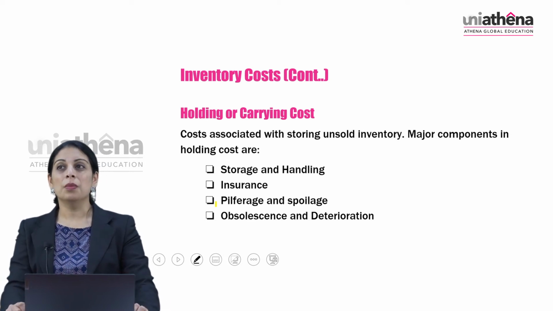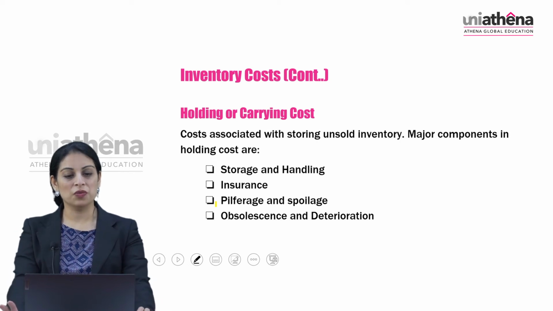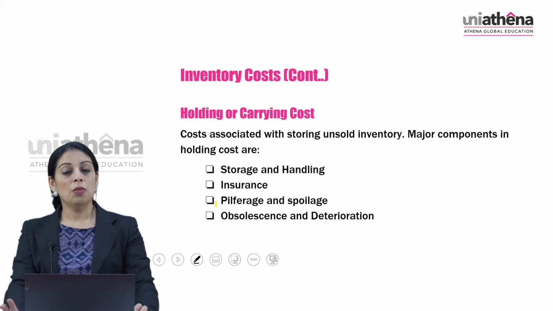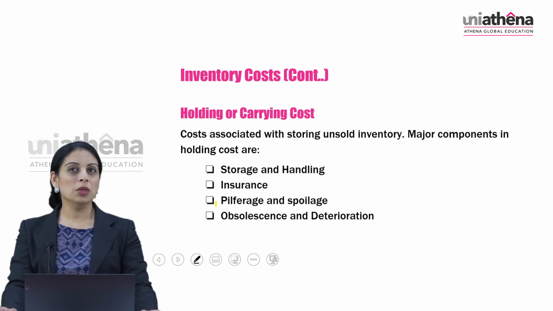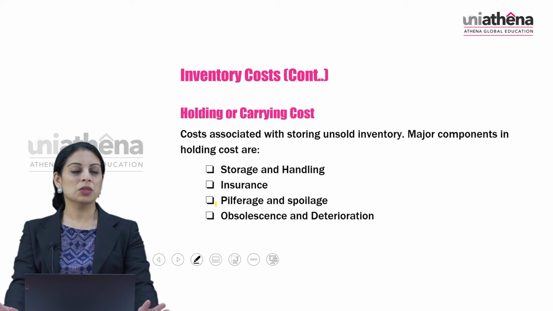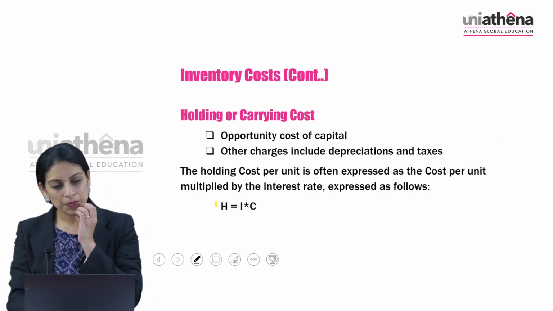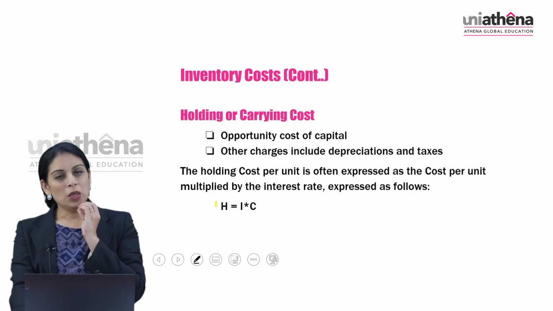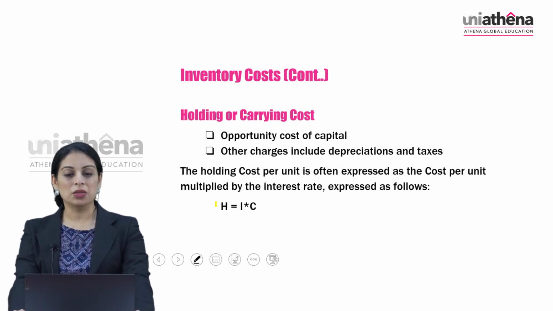There are unexpected natural calamities. You need to have insurance for your unit. Pilferage and spoilage: obviously when you have specially edible consumable stuff that is kept for a long time, there is spoilage, obsolescence and deterioration. What is the formula for opportunity of holding cost or a carrying cost?